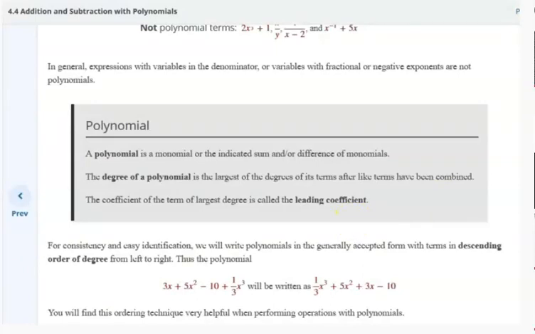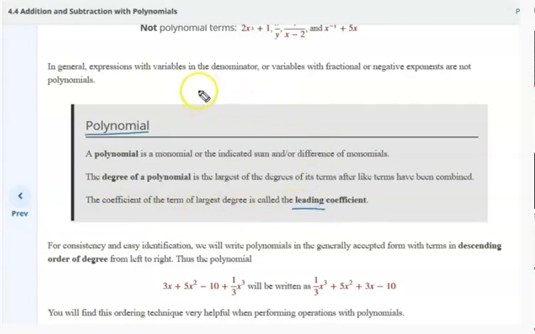Here are the formal definitions now as we look at these of a polynomial. A polynomial is a monomial or an indicated sum and/or difference of monomials. The degree of a polynomial is the largest of the degrees of its terms after like terms have been combined. And here's another one. The coefficient of the term of the largest degree is called the leading coefficient.